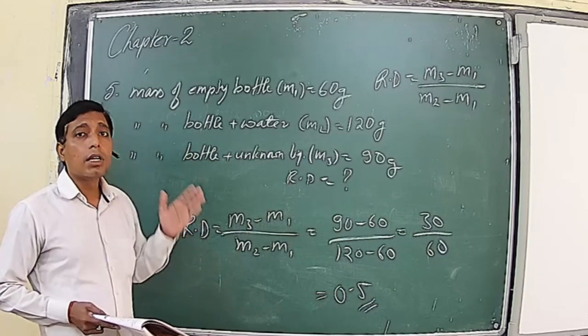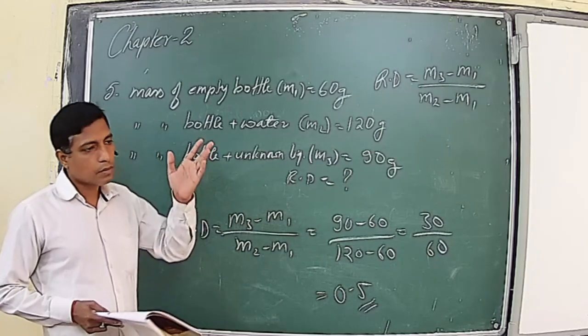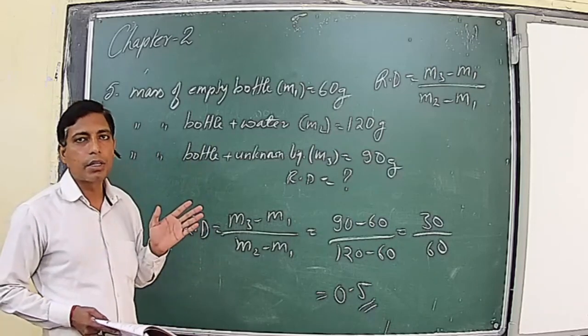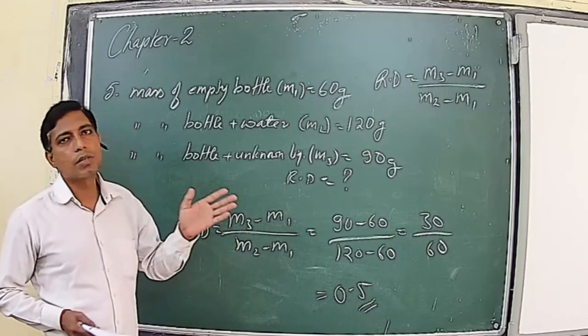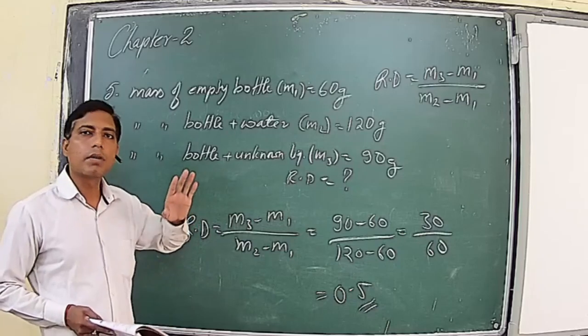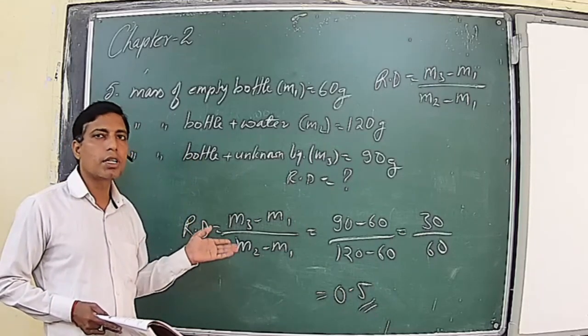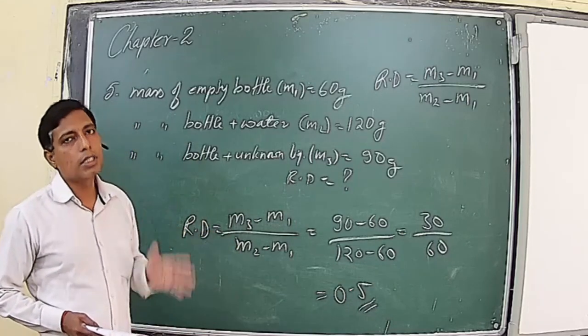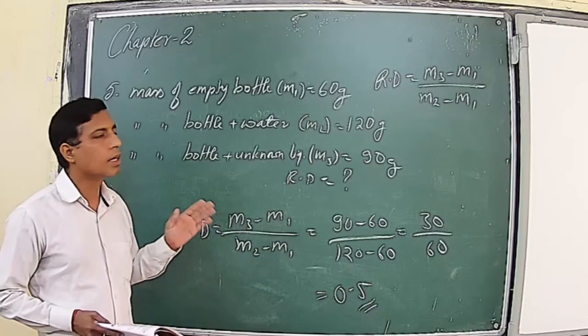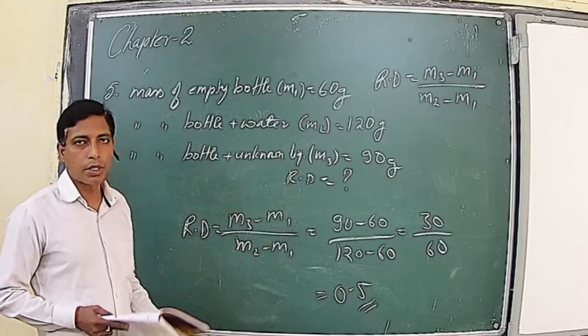Same system means if the mass is in kilogram, then the volume must be in cubic meter. If the mass is in gram, then the volume must be in cubic centimeter. It means all the values are either in SI system of units or all the values are in CGS system of units. This is what we have to take care of.